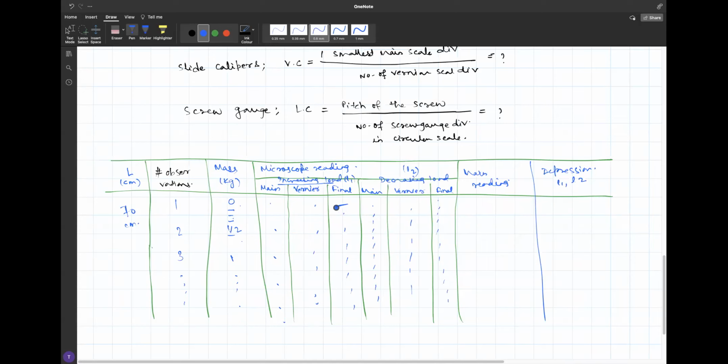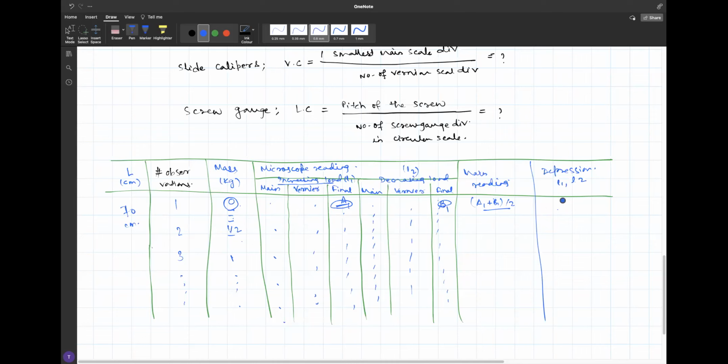You can basically take the average of this plus this here, right? And then for calculating the depression, when you have no mass, let's say you get a value A1 here and B1 here. So the final reading will be (A1 plus B1) by 2. And this is for 0 depression because you have no mass.